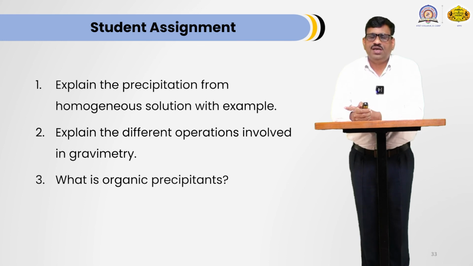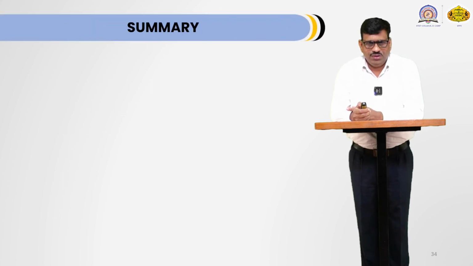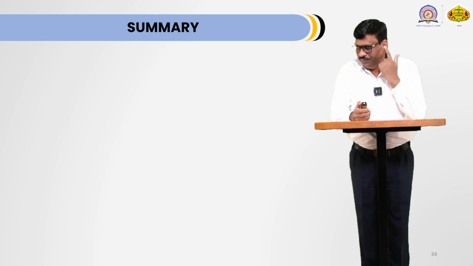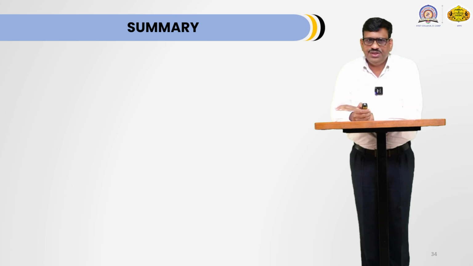Organic precipitants are organic compounds that are used for precipitating out the material. They contain acidic as well as basic groups, hence they can form complexes with a variety of metal ions. Hence from the weight of that complex you are able to find out the metal present in that solution.